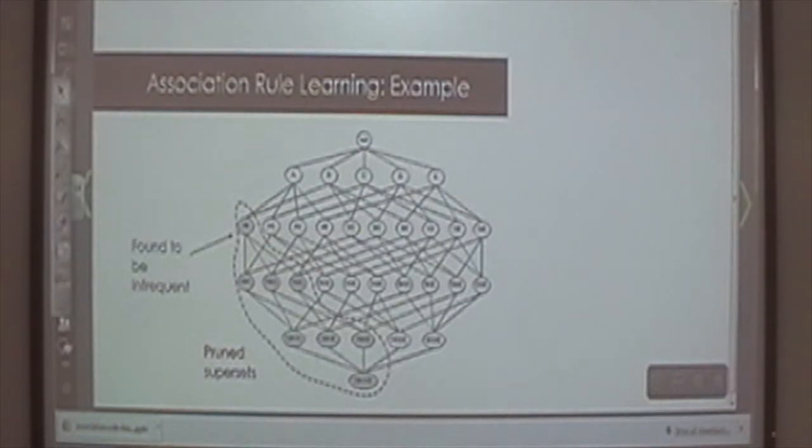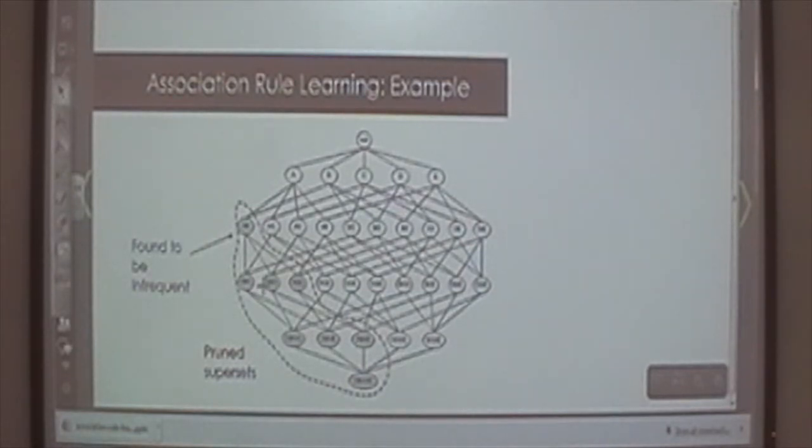What if you go with the reverse, rather than pruning things that are infrequent, only focus on things that are frequent? Well, that's essentially what we're going to do. So you just keep applying this until you reach a threshold.